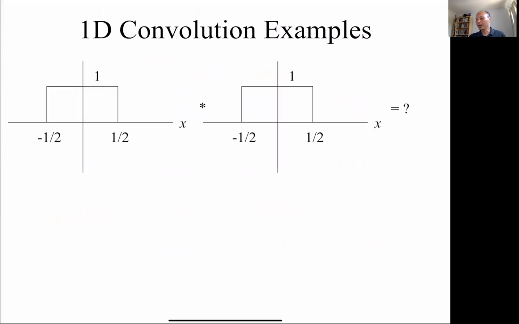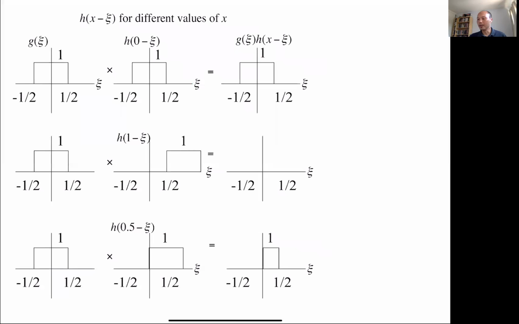Okay, so now let's do a slightly more complicated example, which is 1D convolution. So this is a rect function convolved with another rect function. I'm not sure you're going to have any homeworks on this, but let's just go over it for completeness because I think it is useful to know.